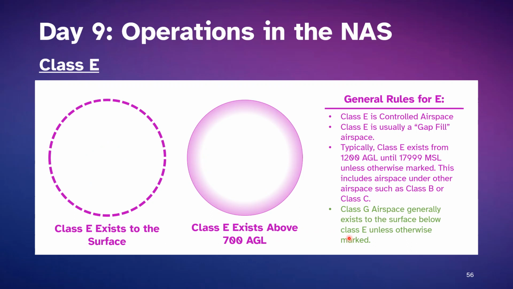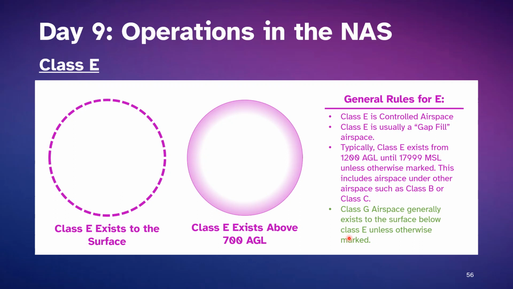Class Echo is a little bit funny because in general, Class Golf exists at the surface in most places. That Class Golf will either extend up to 700 or 1200, depending on whether or not the Class Echo punches down lower.